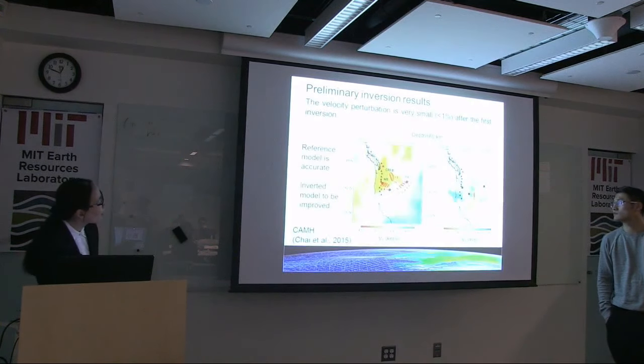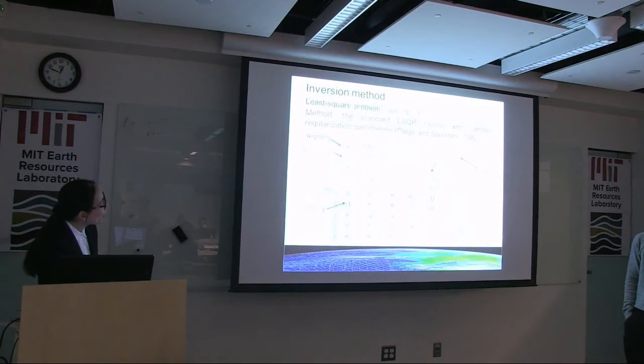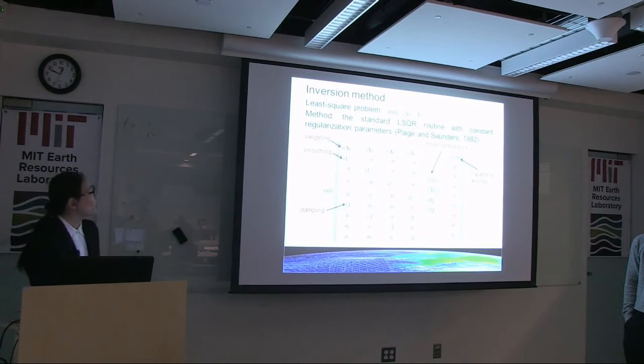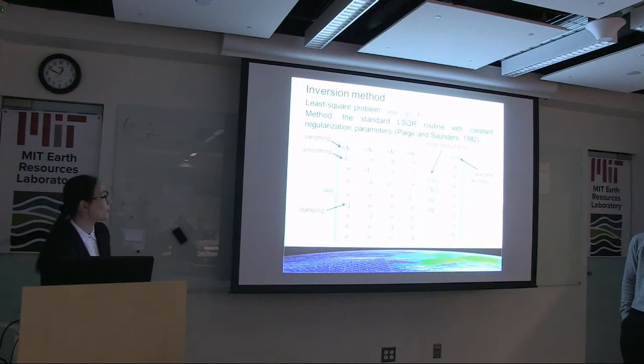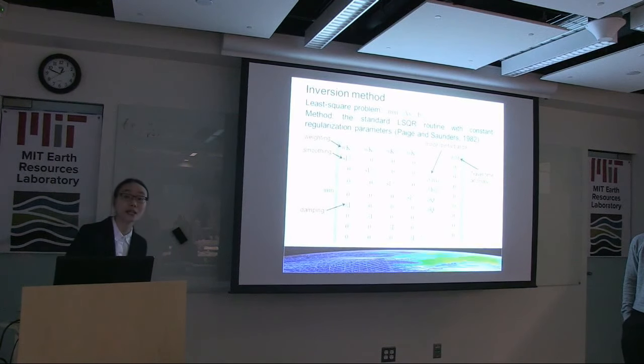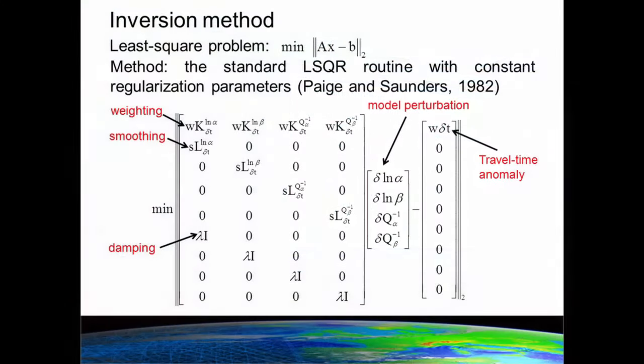For the smoothing, that is to balance the A matrix, like different sensitivity columns. So for that smoothing factor, we will use different smoothing parameters.